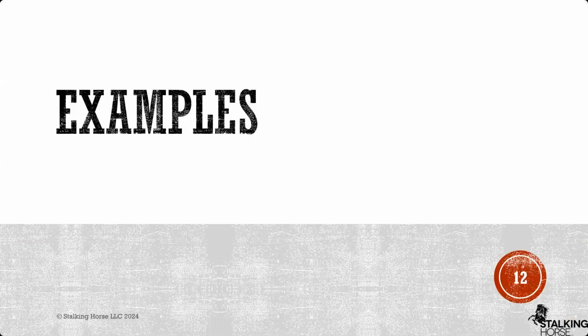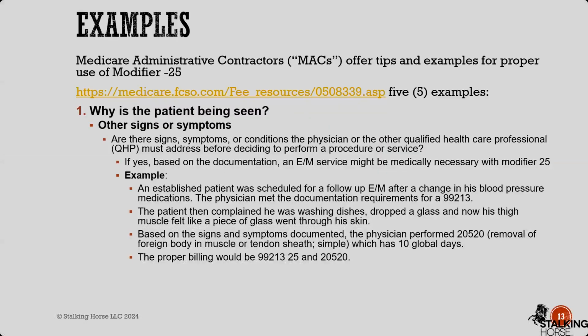So let's talk about some examples. I actually pulled some really great examples from Medicare, and they have some great tips. The first site that I used was, again, First Coast Service Options, which is the Medicare administrative contractor for Florida. They've given 5 examples.